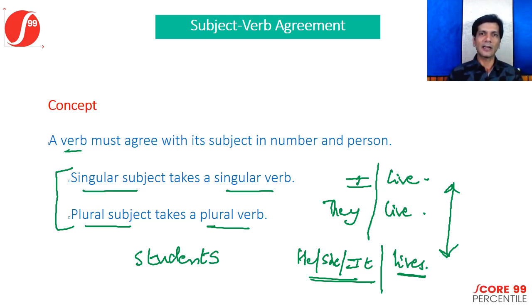You'll understand that it depends on what the subject is. So if you're not able to identify if the subject is singular or plural, just try to replace that subject with any of these pronouns, and then you will be able to recognize what the right form of the verb should be. Let's take a look at some standard rules along with examples for subject-verb agreement.